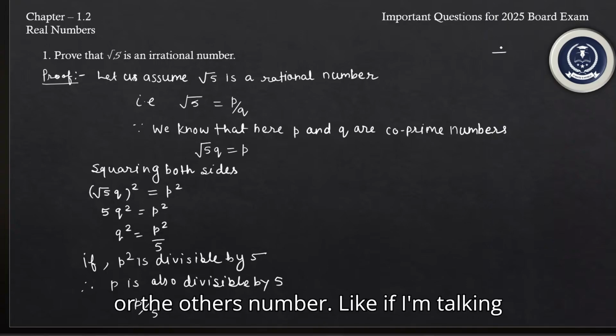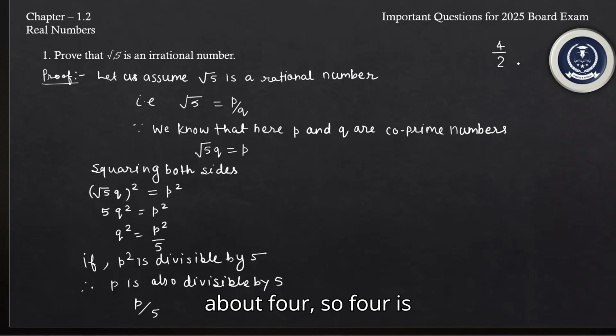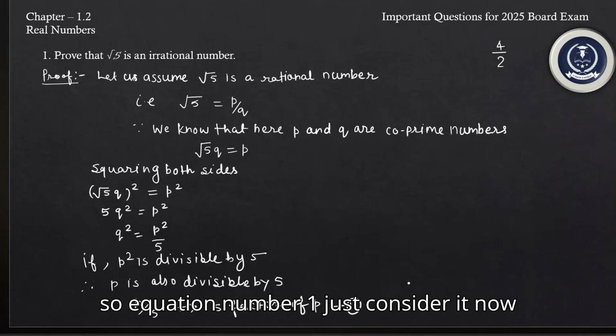Like if I'm talking about 4, 4 is divisible by 2, it means that 2 is a factor of 4. So I'm directly writing it here: 5 is a factor of p. So equation number 1, just consider it.